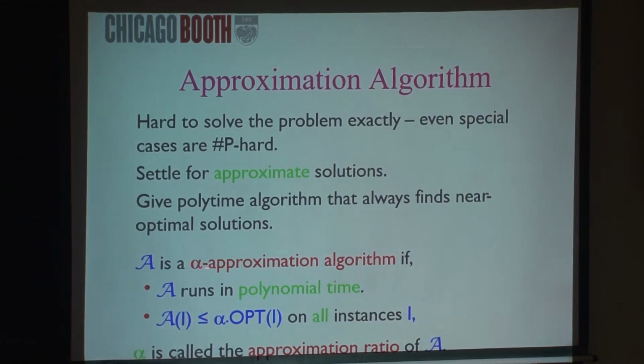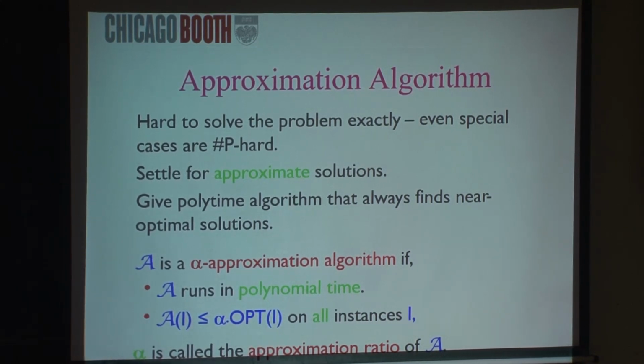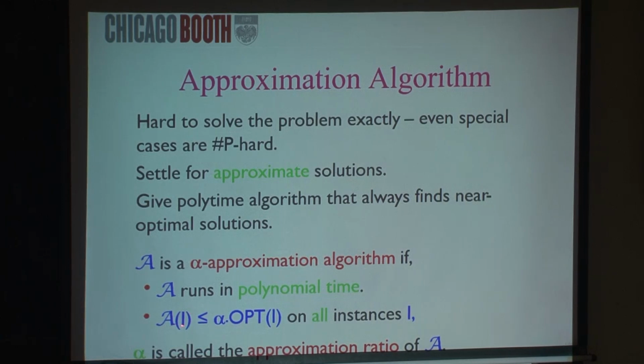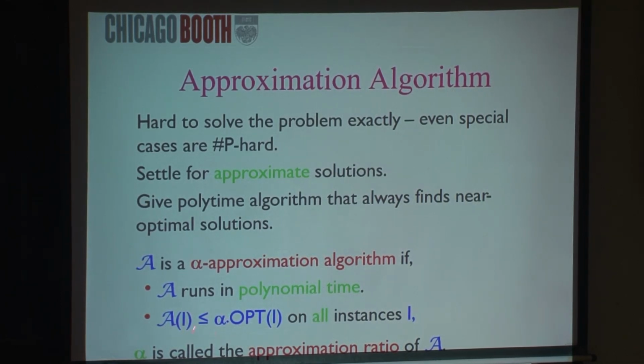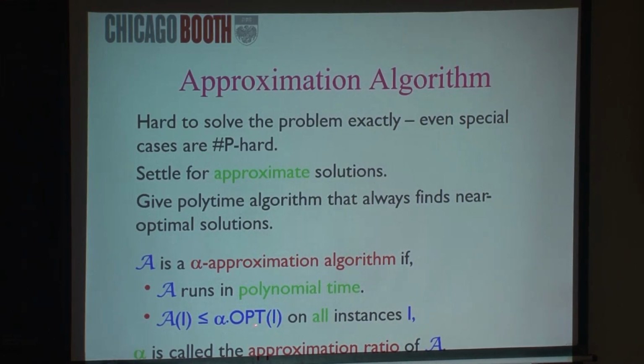The concept here is an alpha approximate algorithm. That's an algorithm that's always going to guarantee, first, that it runs in polynomial time, and second, that for any instance of the problem, you're within an alpha factor of the optimal solution, the minimum cost.